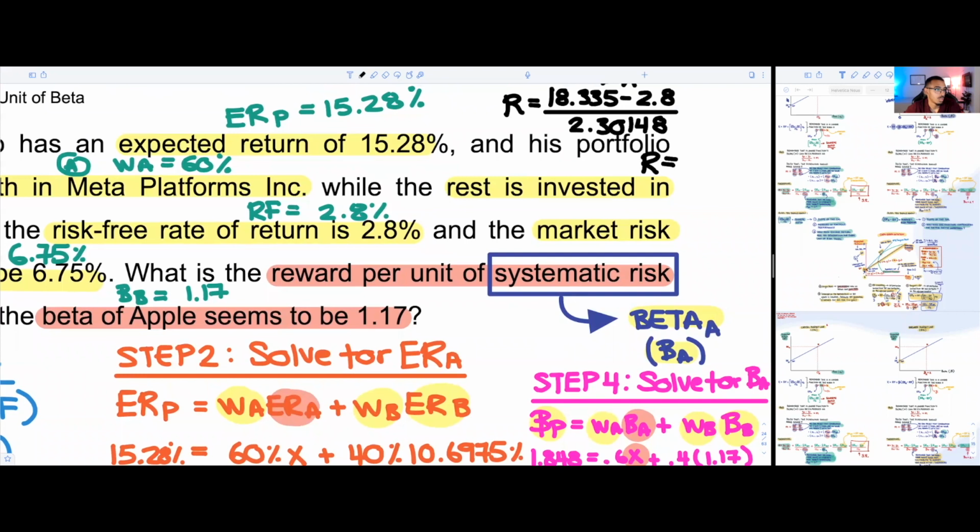Alrighty, so we can plug this in. So let's go for it. 18.335 minus 2.8 over 2.30. So let me just make sure we have all the right inputs. Should be good. So here we're telling you that for every unit of systematic risk, you're going to get 6.75%.